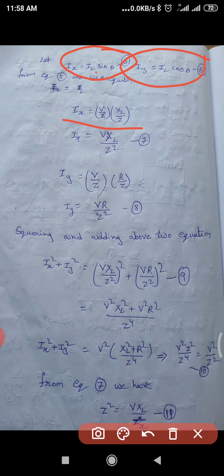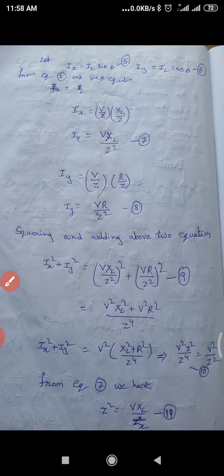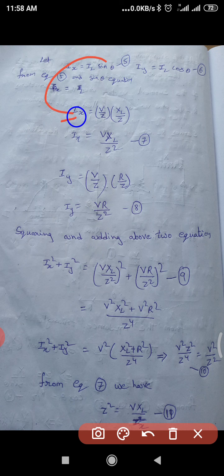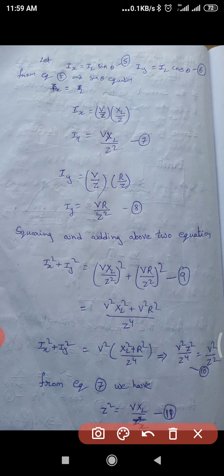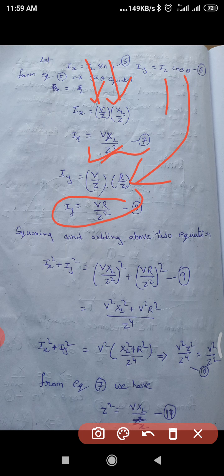From equation number 5, we have IL is equal to V by Z and sin theta is equal to XL by Z. Similarly, IL is equal to V by Z and cos theta is equal to R by Z. We are just replacing the equations we got in the previous values. So from here Iy is equal to VR by Z square.